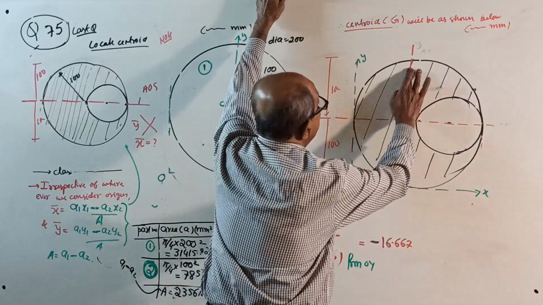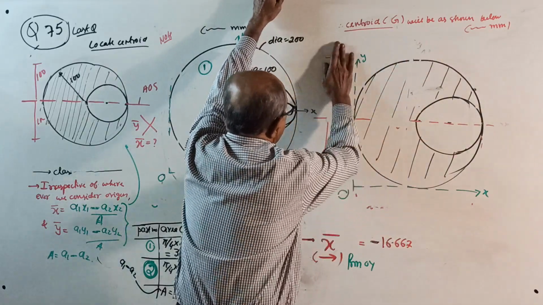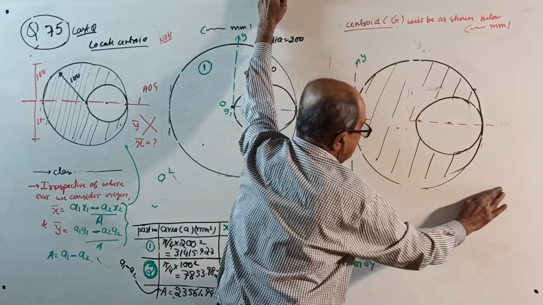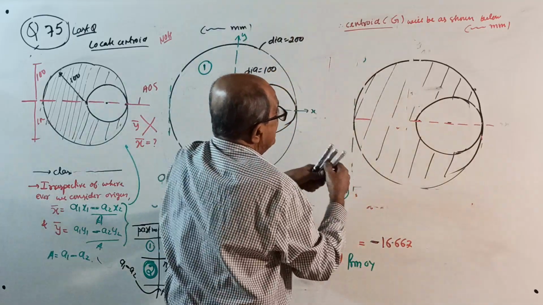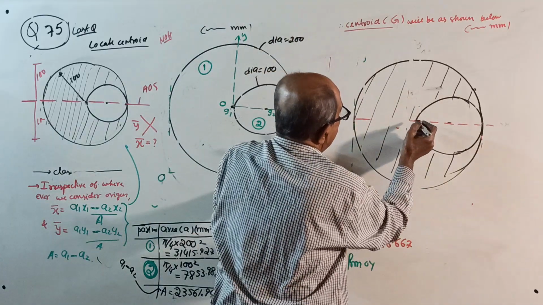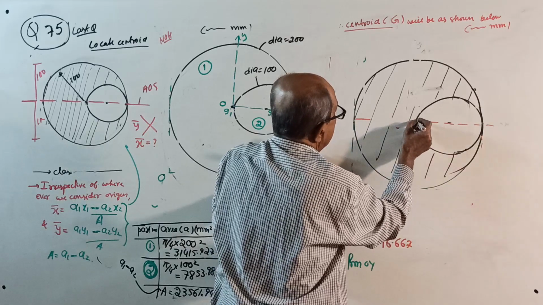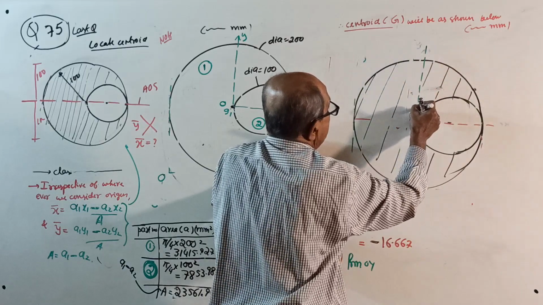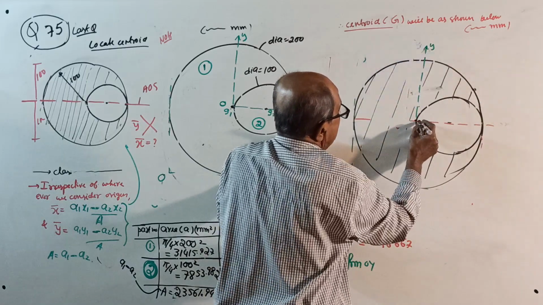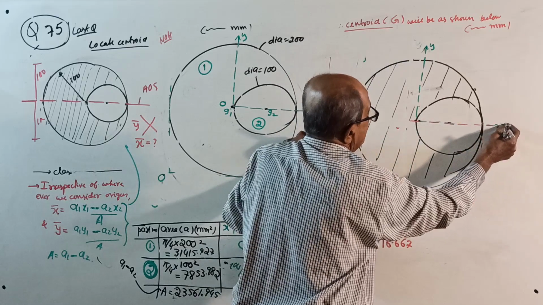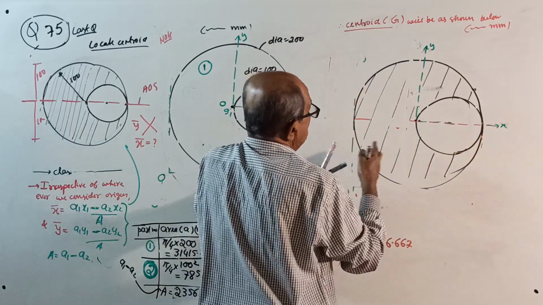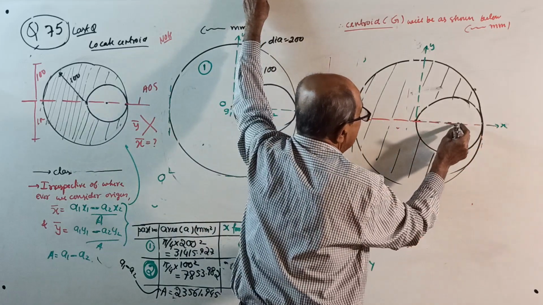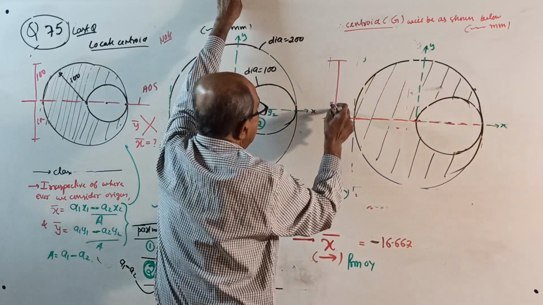Then your presentation is how? See, your origin is here. Here origin, this is your Y. You should be careful. This is Y, upward positive, X right side, but actually Y is not required, only X. You don't have to locate it this way because exactly at the center symmetry is there, 100, 100.